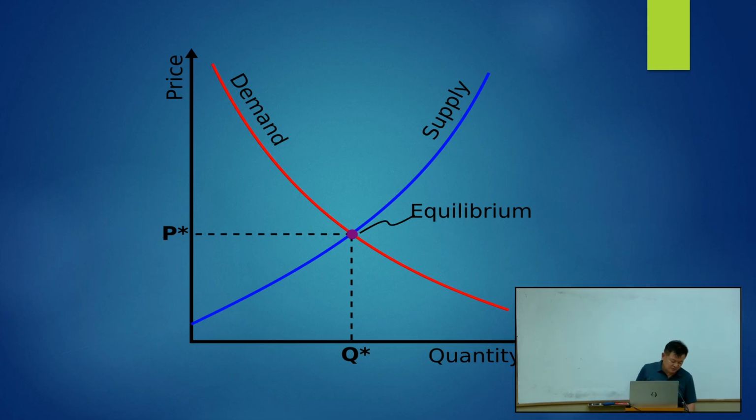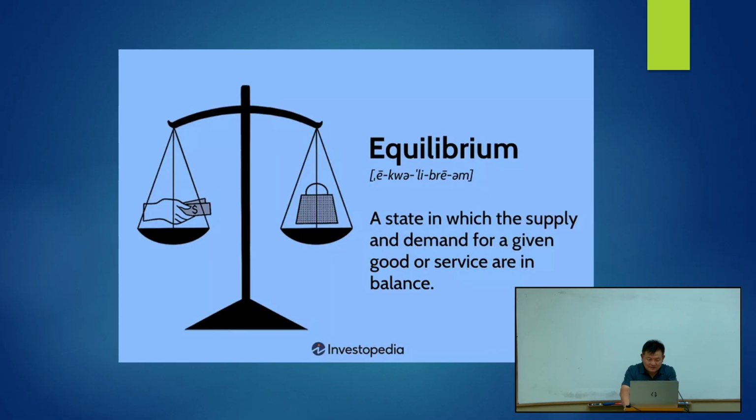Equilibrium is very similar to the word balance. Some native speakers find it difficult to understand equilibrium, but equilibrium means balance. The definition is a state in which the supply and demand for a given good or service are in balance.